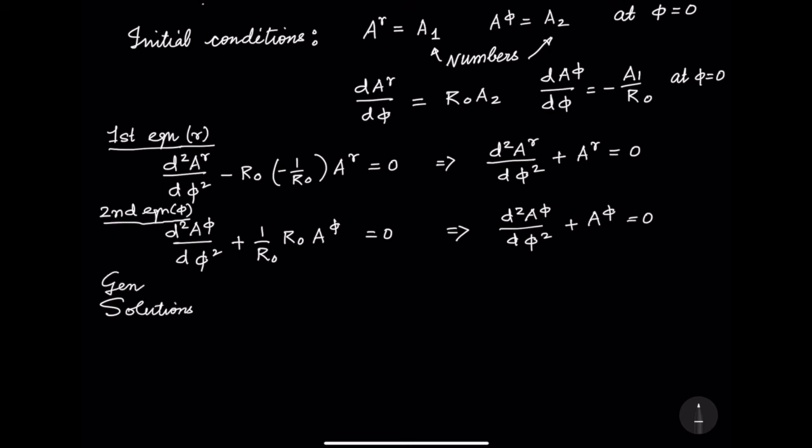So the general solutions are, as we all know very well, Ar I can write as, say, capital I, some constant, cos phi plus J sin phi, and Aphi will be some K cos phi plus L sin phi.